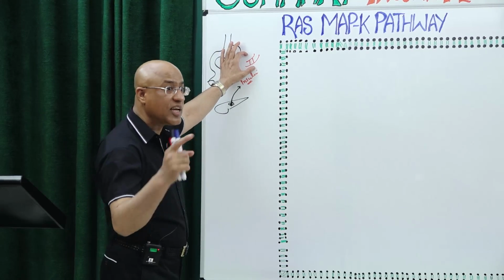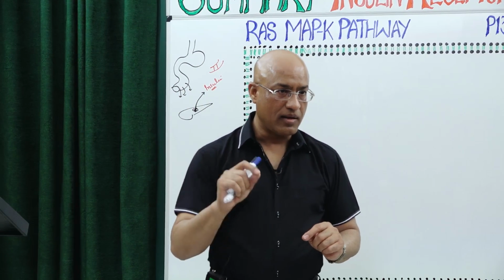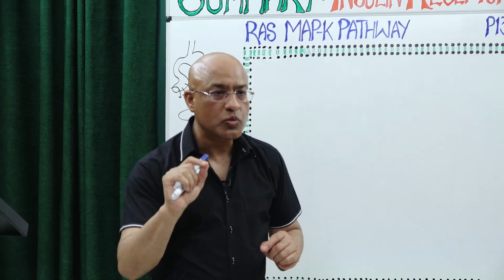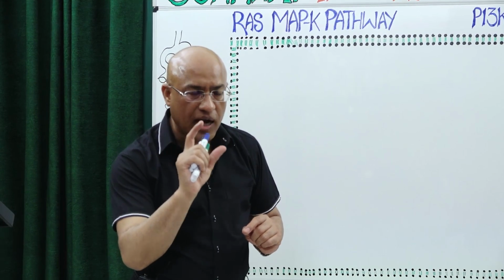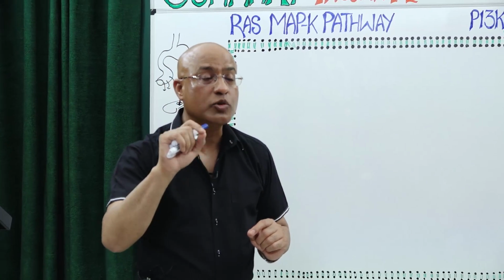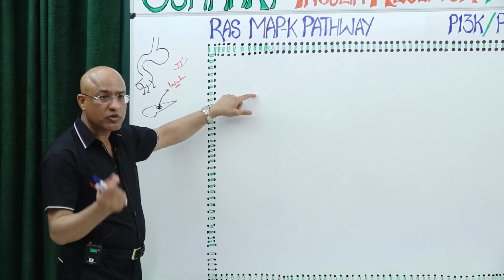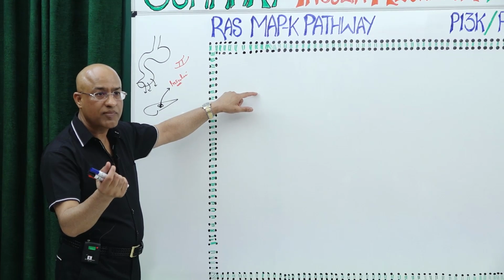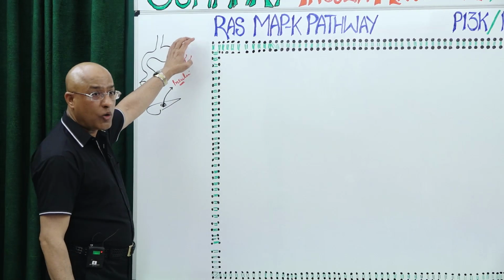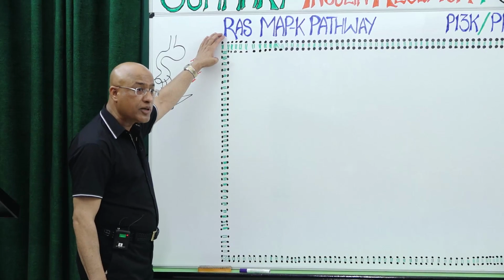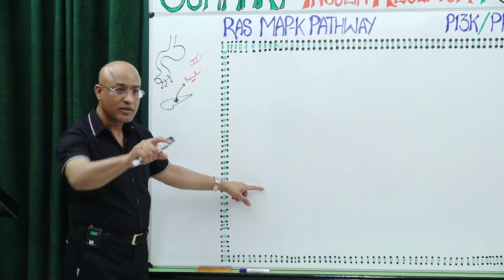So to produce its actions, it cannot enter into target cells, because to enter a target cell it would have to be a smaller, lipophilic, uncharged molecule. So insulin remains outside the target cell membranes, but still produces action on the membranes, action on the cytosol metabolism, and action on the nucleus.